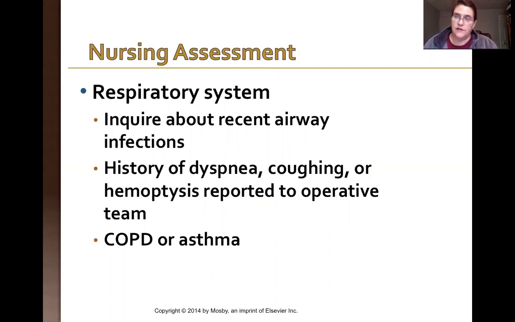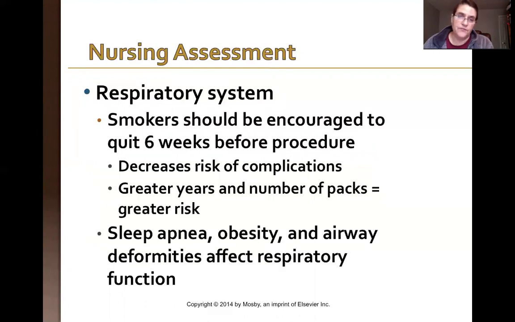These are the patients that need to know how to use the incentive spirometer. We're going to do this with everybody, but we need to know for sure that they are aware of what they have to do with their spirometer before they go to surgery. If they're a smoker, we want to encourage them to quit at least 6 weeks before the procedure.